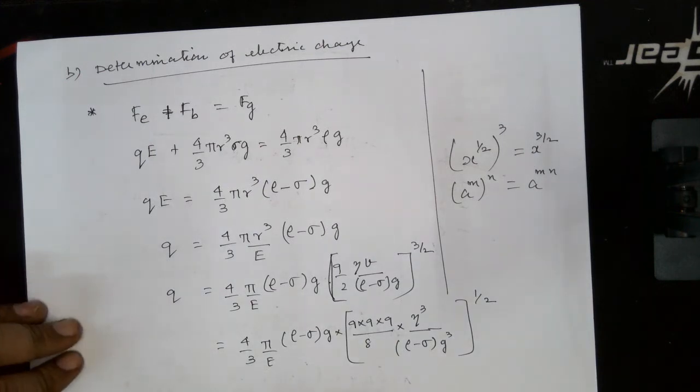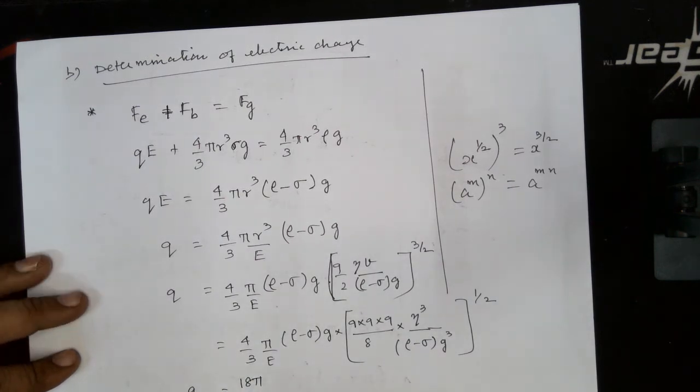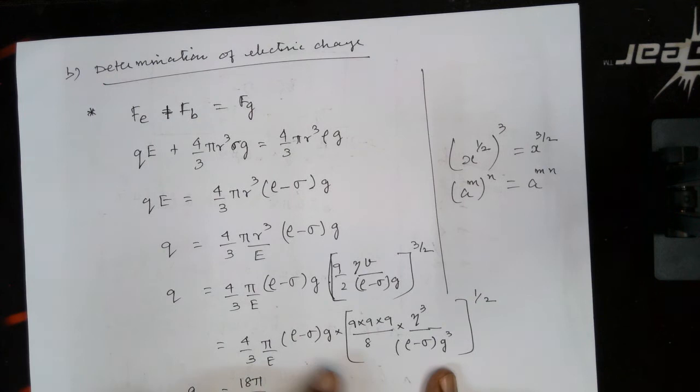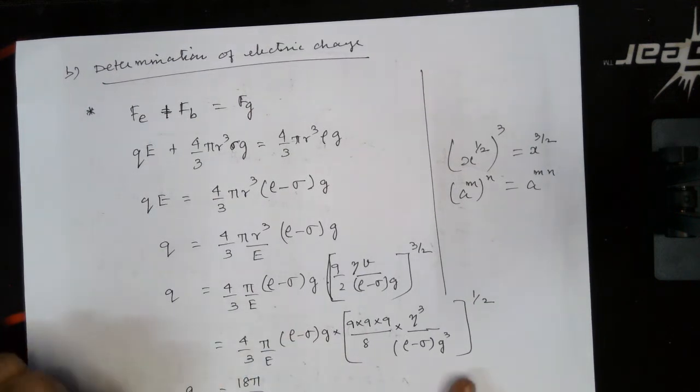Now we can further simplify this as q is equal to 18 pi divided by e, and this is squared means the square can be cancelled. We can take outside this, okay, and cancel.